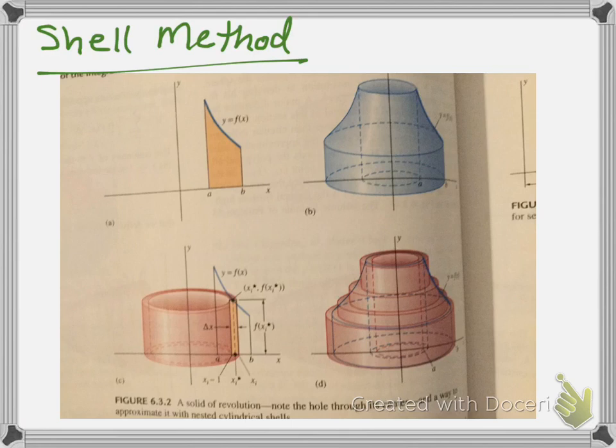And so here's kind of a generic view of how the shell method works. Imagine you have a function that's been given to you, some function f of x. They don't tell us what this function is, they just call it f of x. And let's say you bind it with these two vertical lines and the x-axis, and then you take that region and you revolve it around the y-axis.